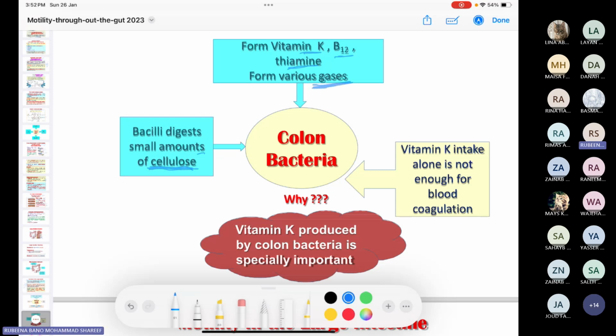Most importantly, these colonic bacteria form vitamin K, because vitamin K is very, very important for blood coagulation. Although vitamin K alone cannot cause coagulation, it needs other clotting factors also.